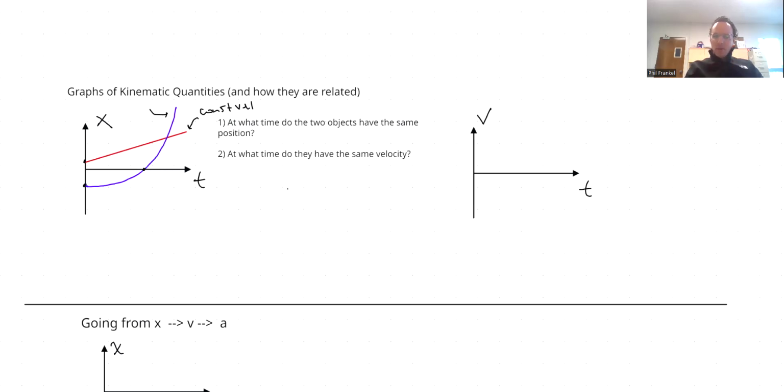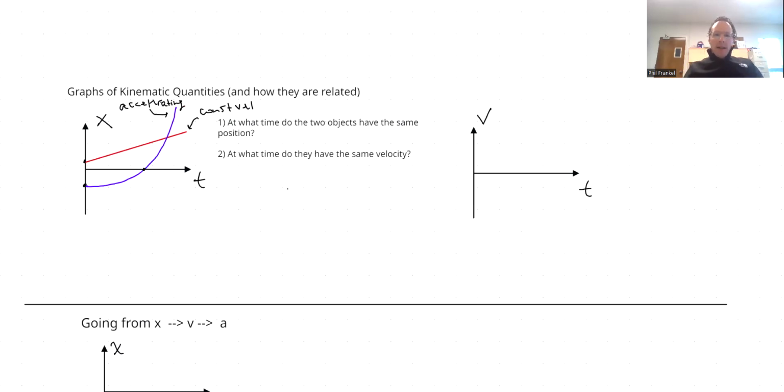This position versus time graph is not linear. So I know that the blue object is accelerating. Okay, so we have a constant velocity object and an accelerating object, just to appreciate that.